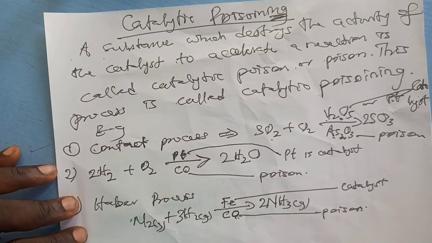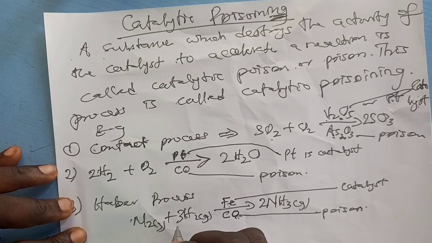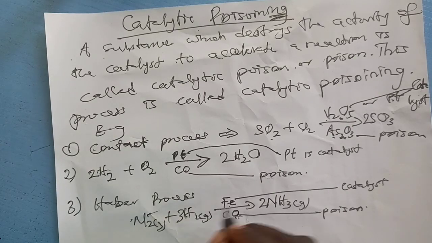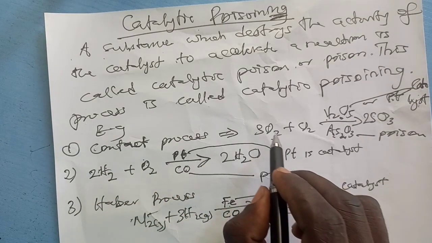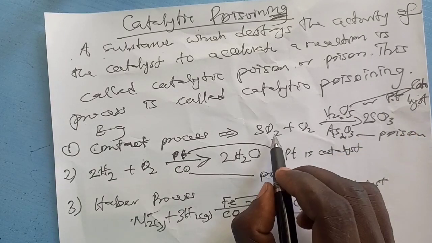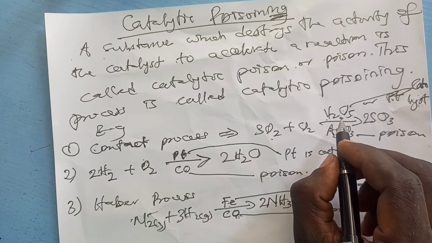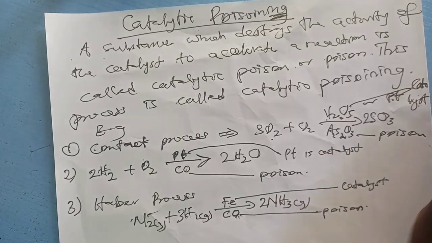These poisons, what do they actually do? Remember that the reactants, this is the catalyst. What happens? The reactants absorb on the surface of the catalyst.